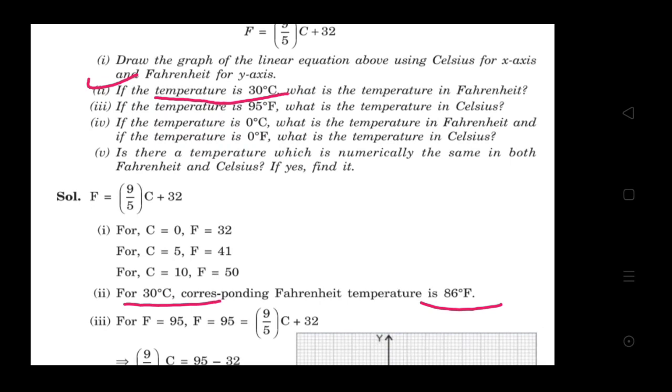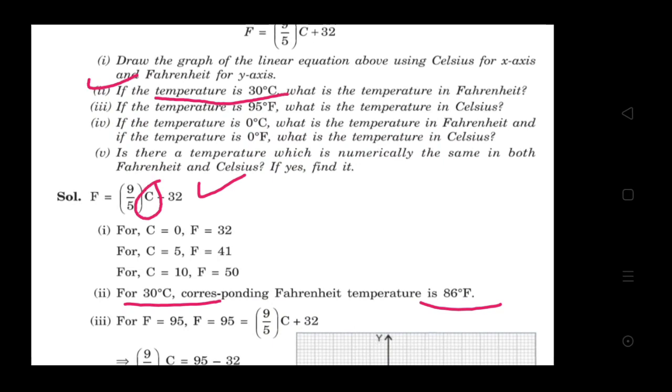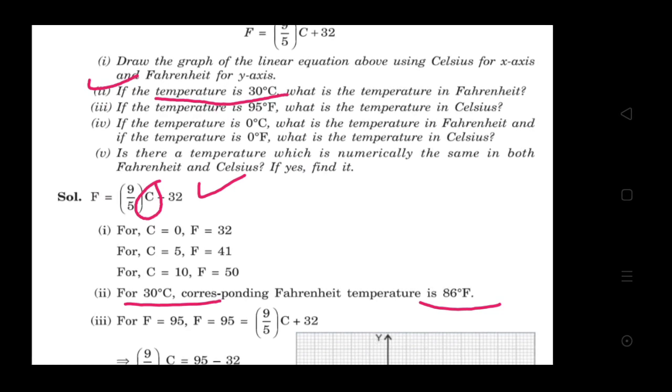How to find? See, in the equation, put the value of Celsius C as 30 degrees. So 5 sixes are 30 and 9 sixes are 54, plus 32 is 86 Fahrenheit.